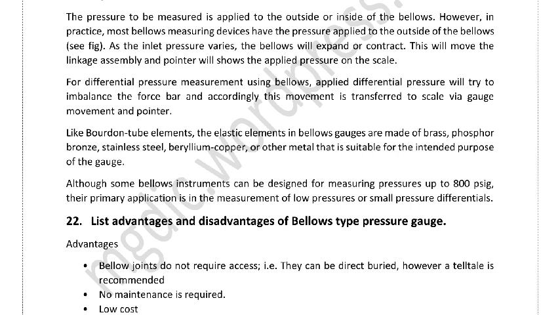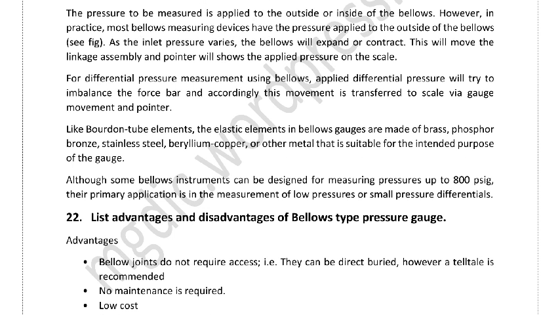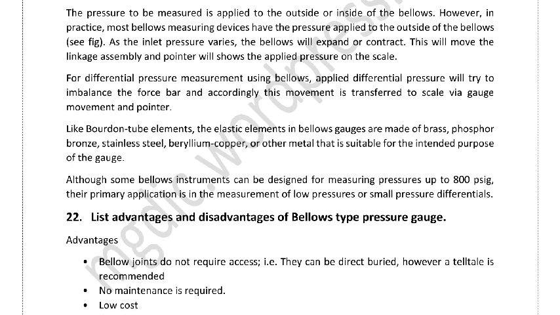Next, for differential pressure measuring using the bellows, the applied differential pressure will try to imbalance the force, and accordingly this movement is transferred to the gauge, like Bourdon tubes.